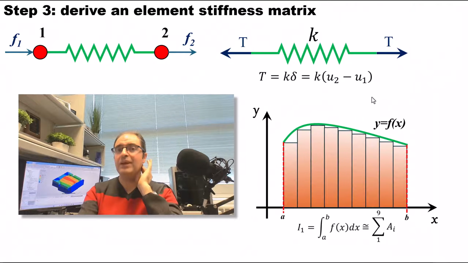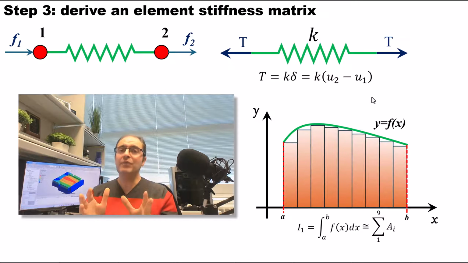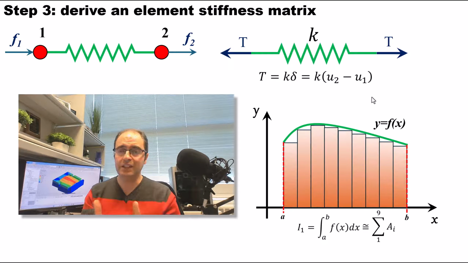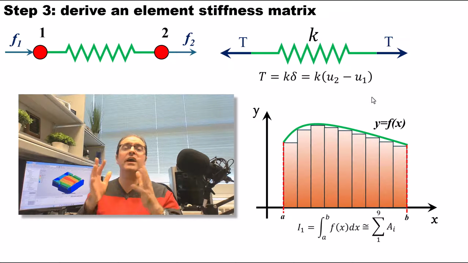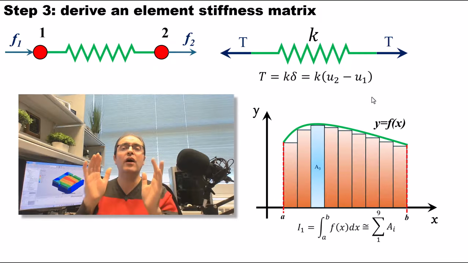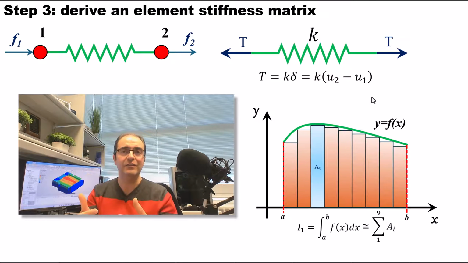The next step is to find the element stiffness matrix for each element that we have in our structure. Like numerical integration, to find the area under the curve, we need to find the area of each rectangle. That is equivalent to this step. Now we have this element that is shown on the left that is equivalent to the physical model on the right.